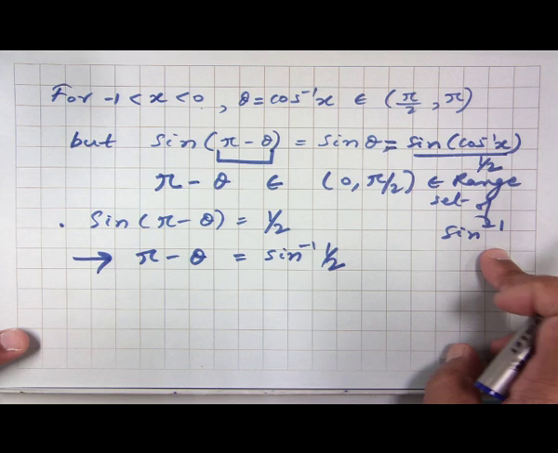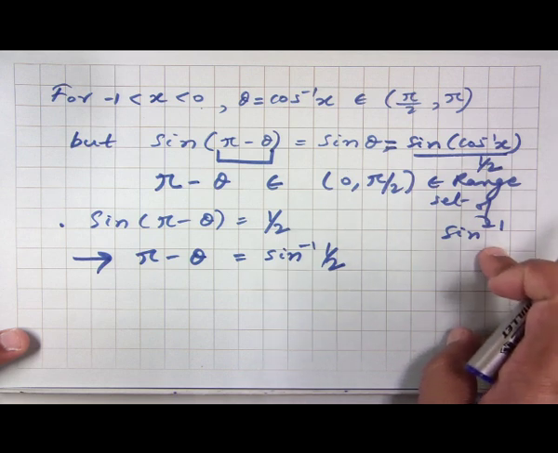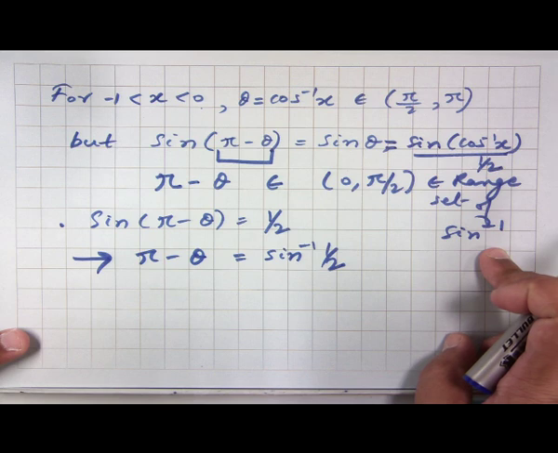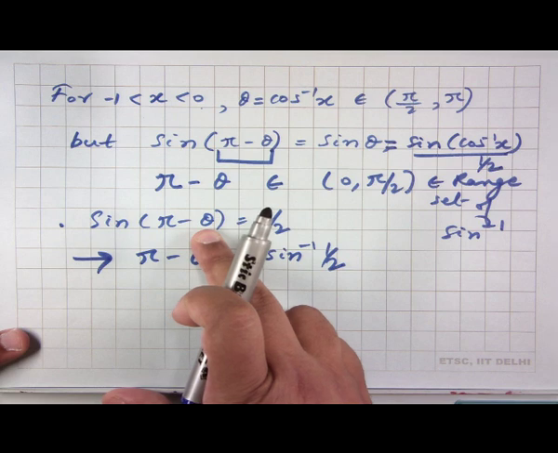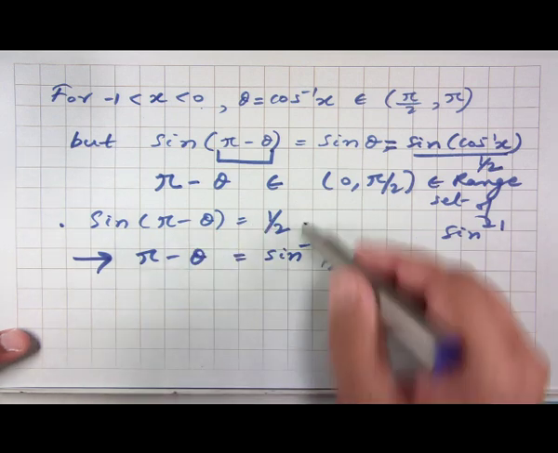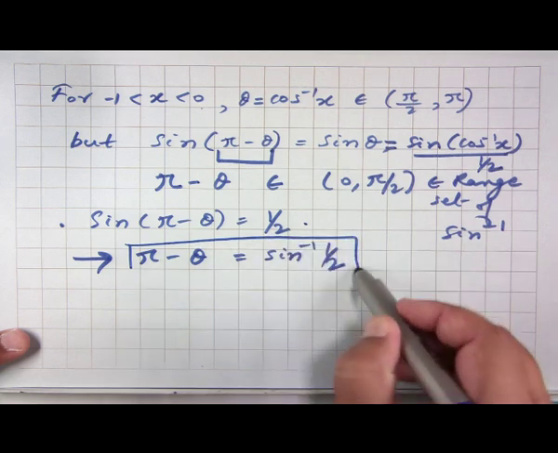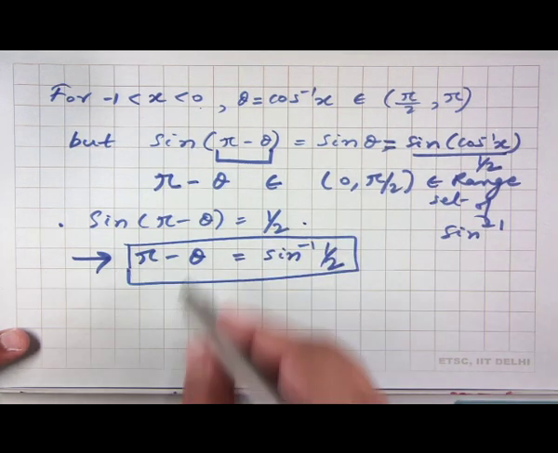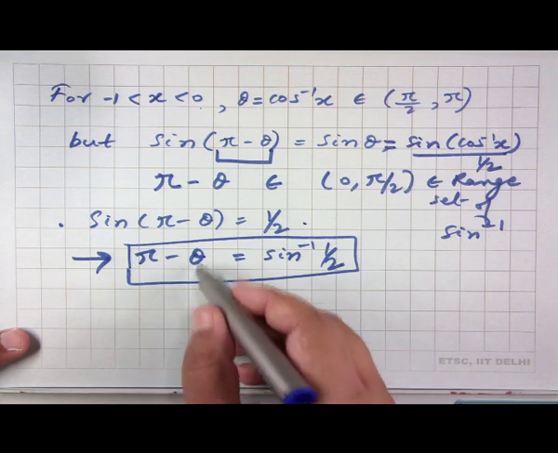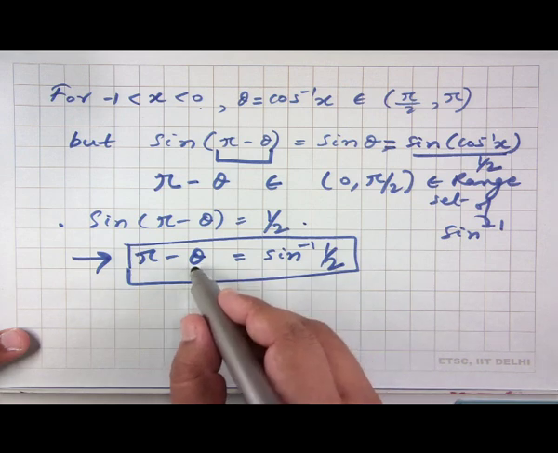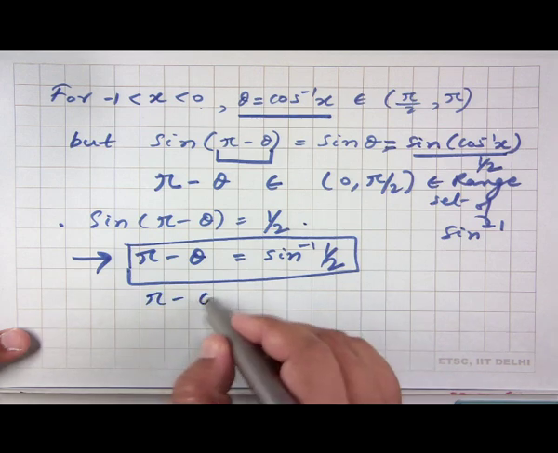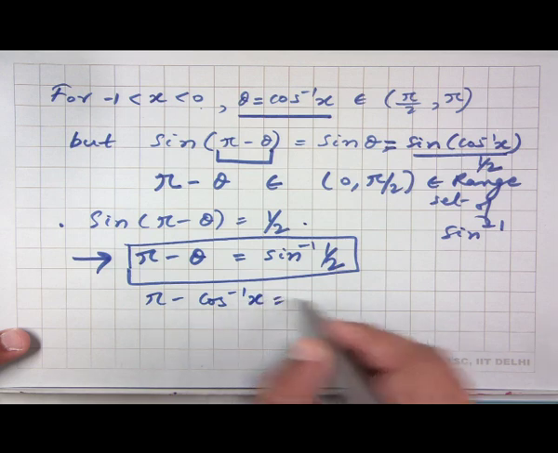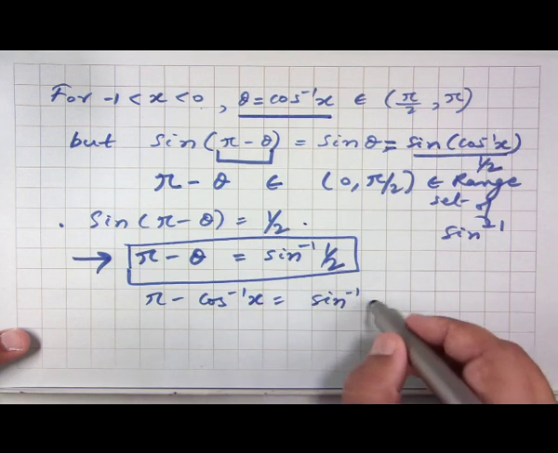The range set of sine inverse was minus pi by 2 to pi by 2. Because pi minus theta belongs to the range set of sine inverse, we can get this. And this basically means that since theta is cos inverse of x, pi minus cos inverse x is sine inverse of half.